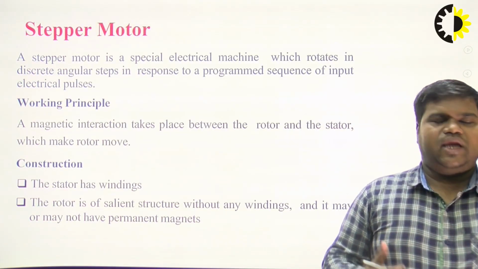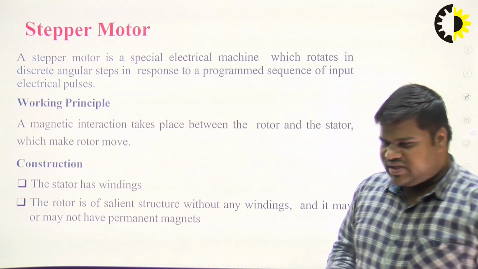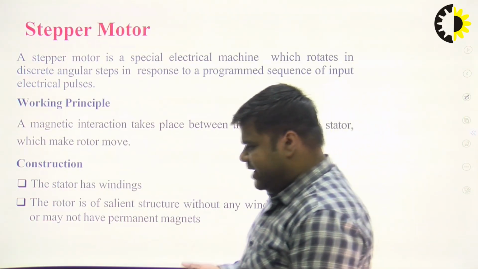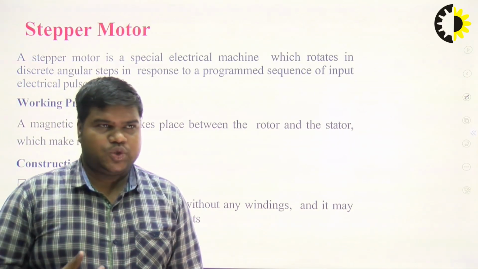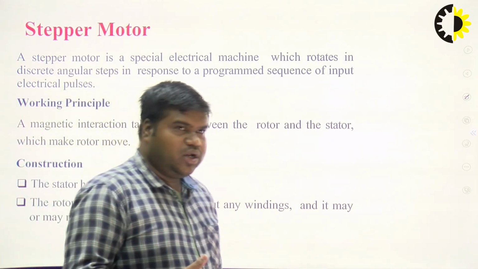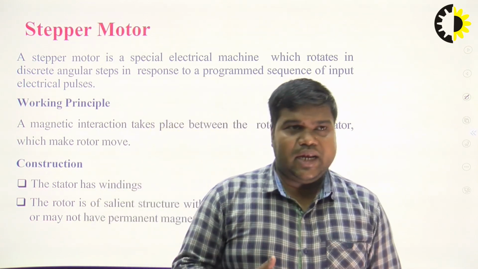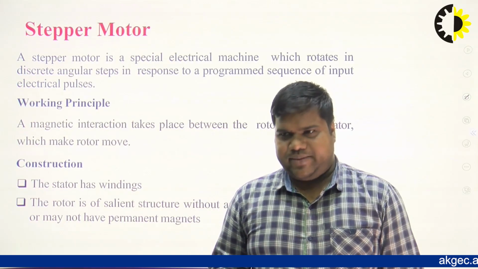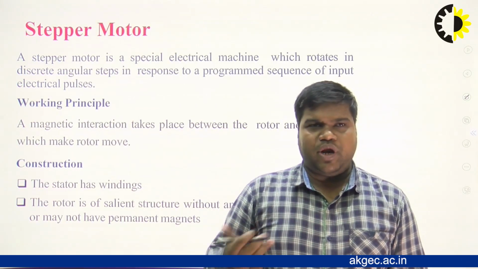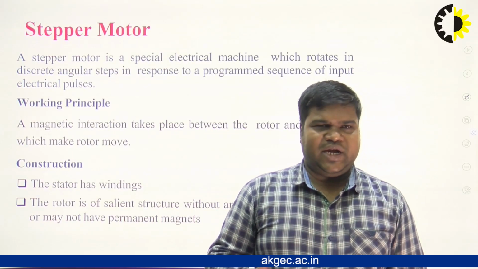So first we will see what a stepper motor is, and its working principle and main objective. Basically, a stepper motor is a special electrical machine which rotates in discrete angular steps in response to a programmed sequence of input electrical pulses.